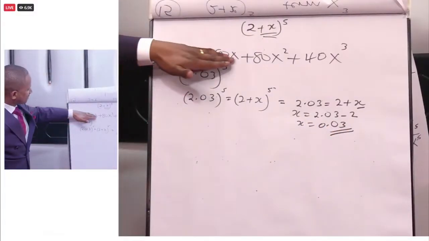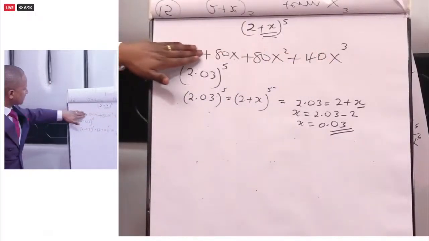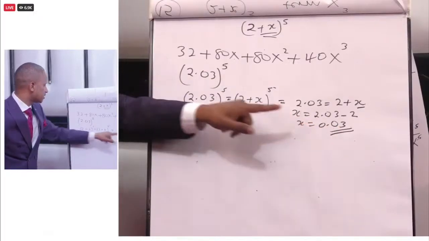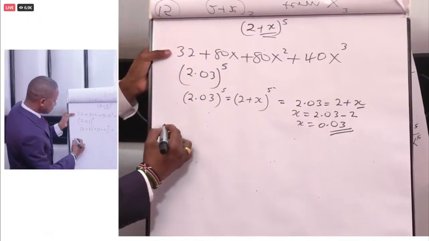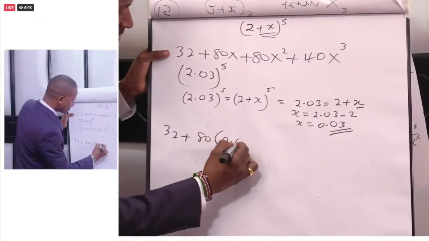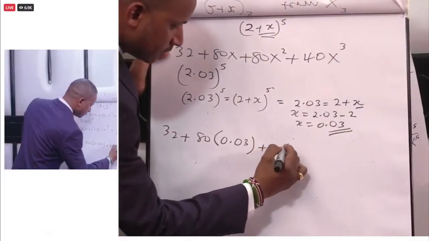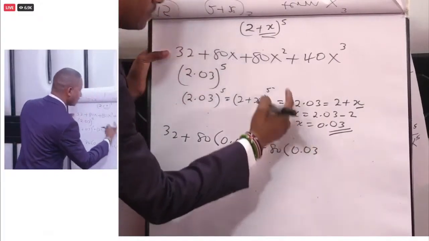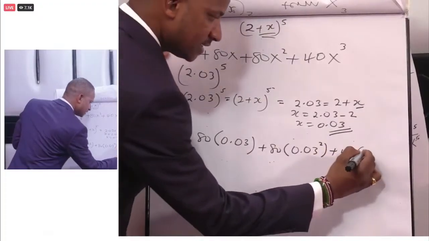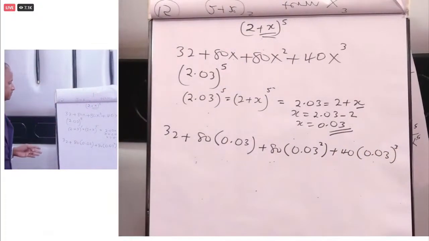So in this expanded form equation of ours, where there is x, you put 0.03. So you come back here, you do 32 plus 80 times 0.03 plus 80 times 0.03, where there is x but it is squared, plus 40 times 0.03, but it is cubed.